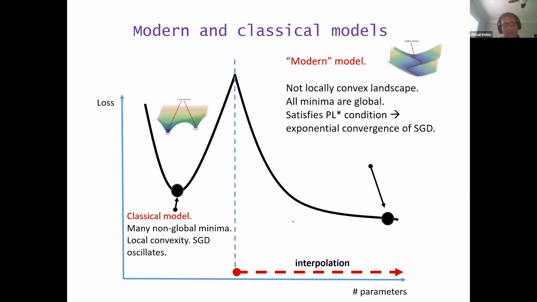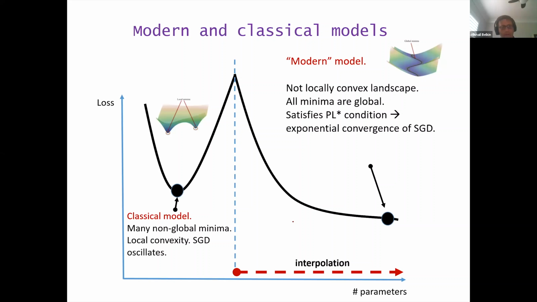Okay, this is my last summary slide, and I think it's useful to think about it in terms of this double descent curve, which separates the modern regime from the classical regime. Just talking about optimization, in the classical regime you have non-global minima, you have local convexity but no global convexity, and SGD oscillates, which I didn't really talk about.